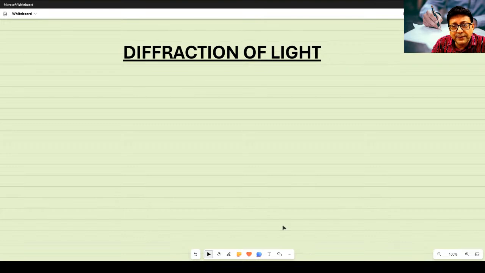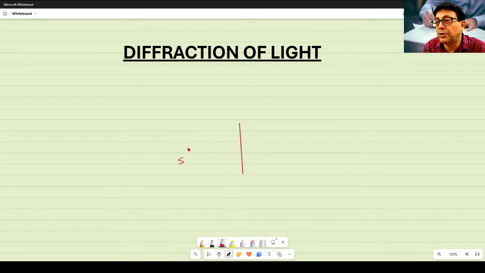Let us start with this experiment. Let me show you one experiment here. Suppose there is a source of light here. You can assume a source of sound also, no problem, same thing. Let us take an obstacle in front of the source of sound. Sound also travels in the form of wave. This we have studied, that wavelength, wave velocity, all these things are related.